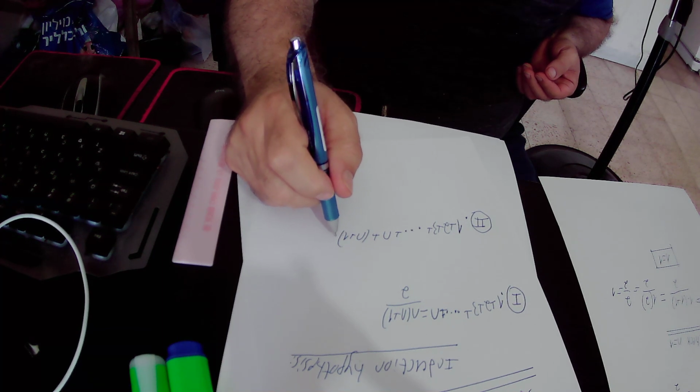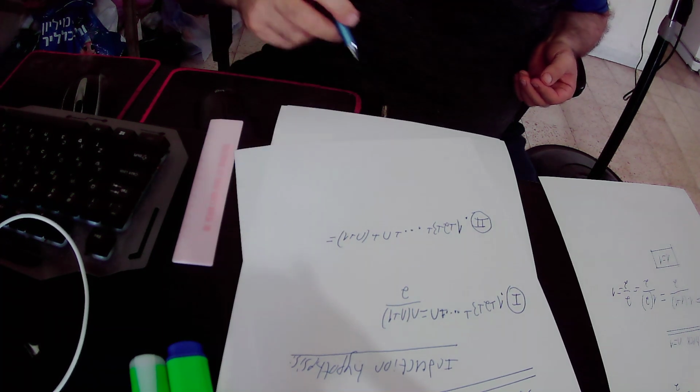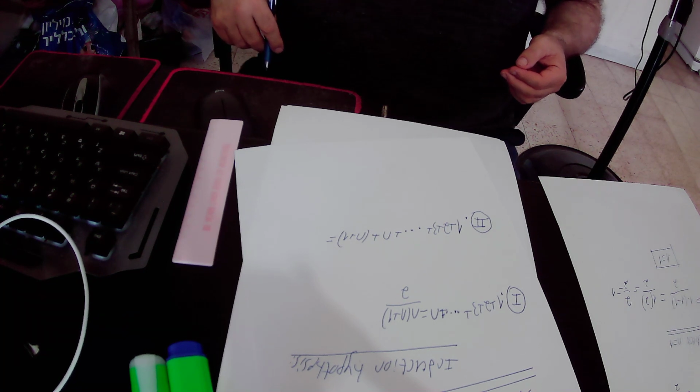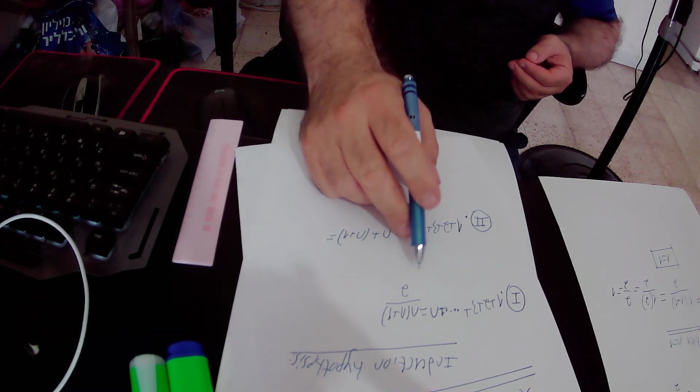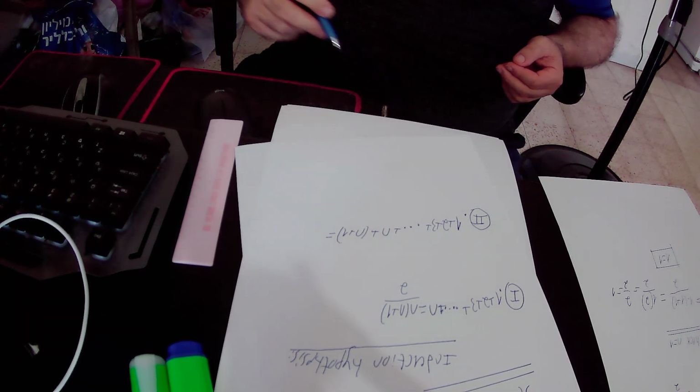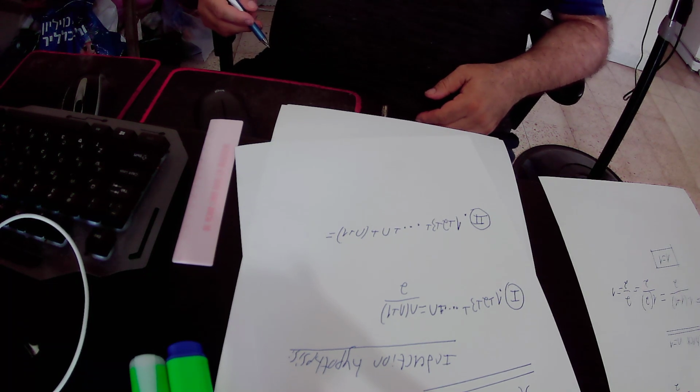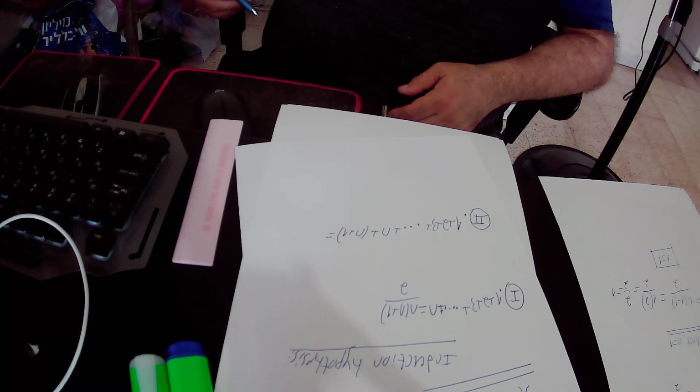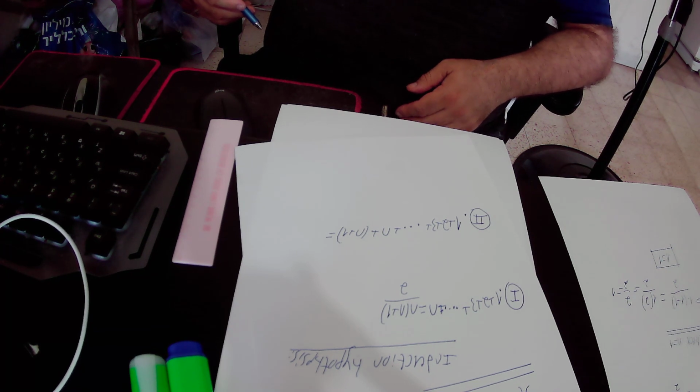In the original equation we have n times n plus 1 divided by 2, and now we want to create the expression for n plus 1. So instead of n, we will substitute n plus 1.